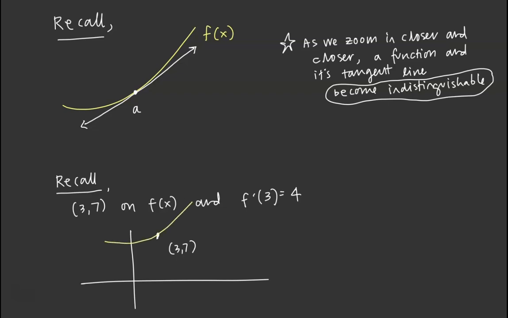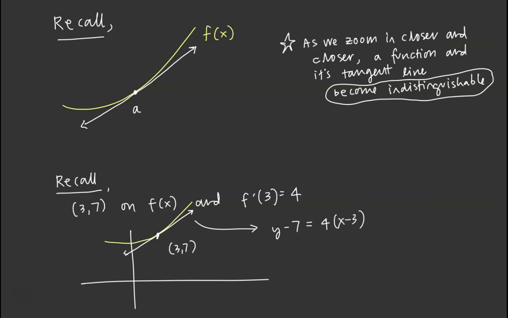And we know that at x equals 3, the derivative is 4. That's the slope of the tangent line. We have enough information to write the equation of this tangent line. So we know that this tangent line is y minus 7 equals 4 times x minus 3.